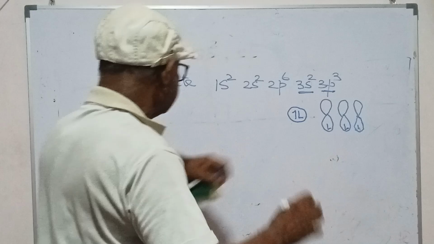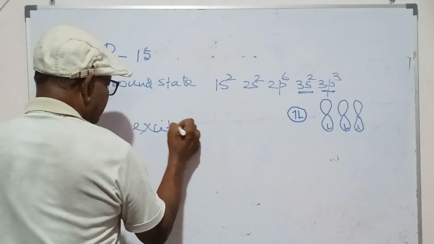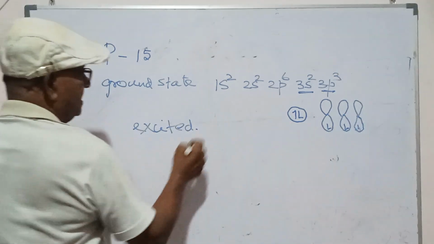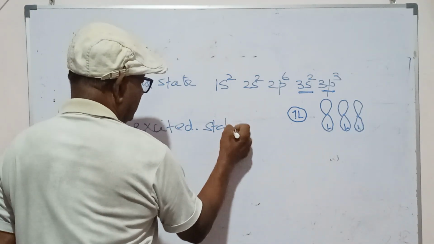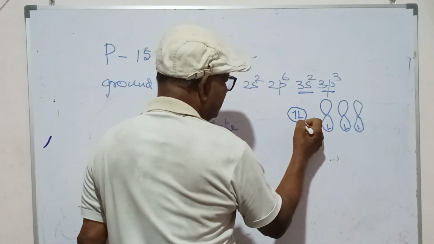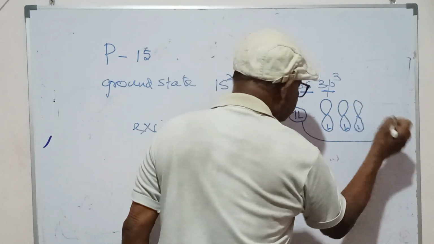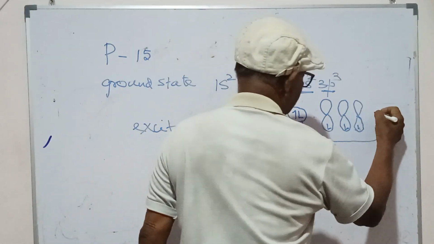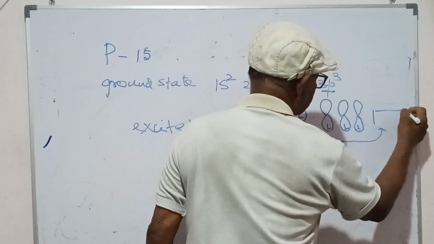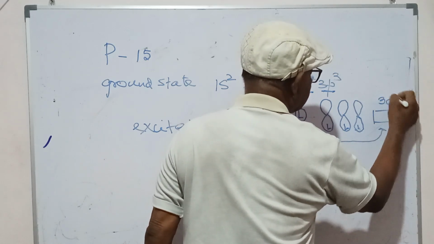So then at the excited state, one electron of the 3s orbital transfers to the 3d orbital. I told you P has 3d.